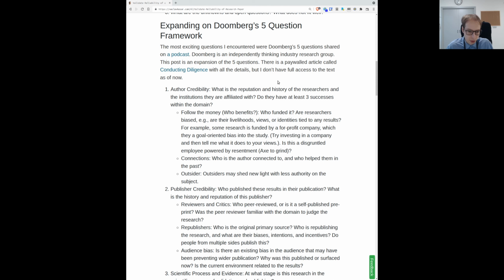You can ask, follow the money. Who funded the researchers, who funded the research, what are the biases? Do the livelihoods of the researcher depend on some sort of company? Is some particular result desired more within this context?